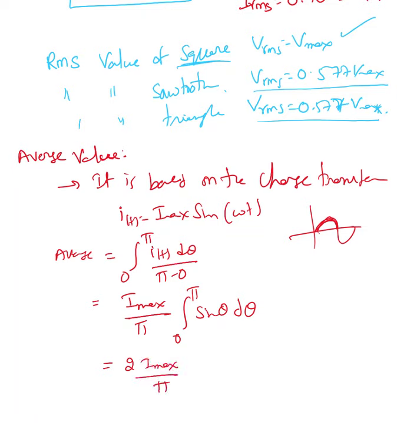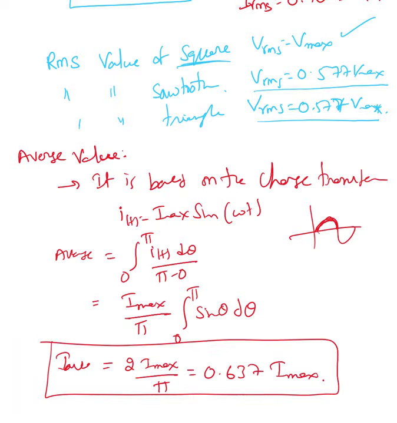As I mentioned, I doubled it at the end, so this value equals 0.637 I max. So I average equal to 0.637 I max.